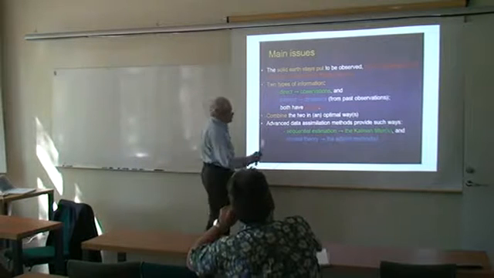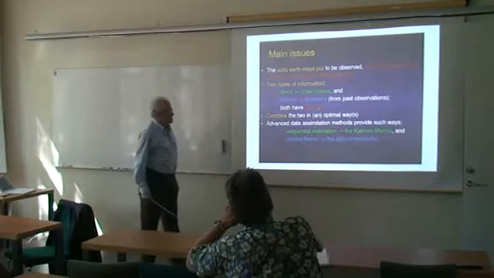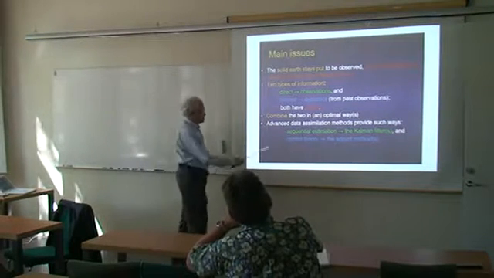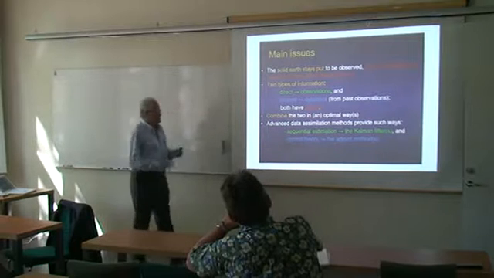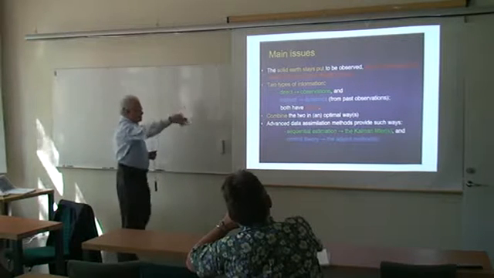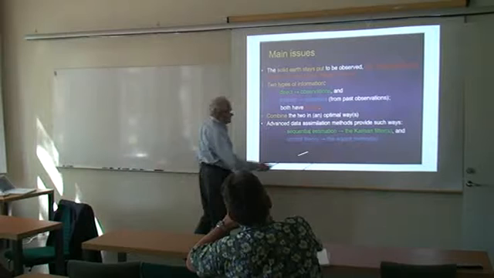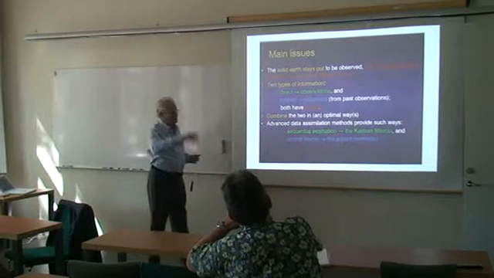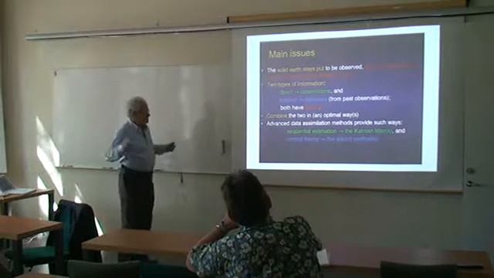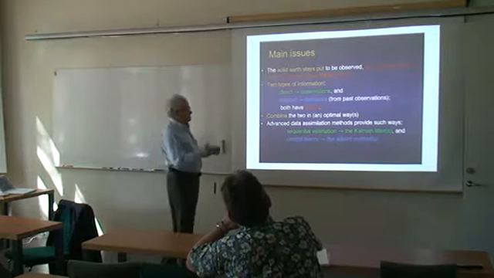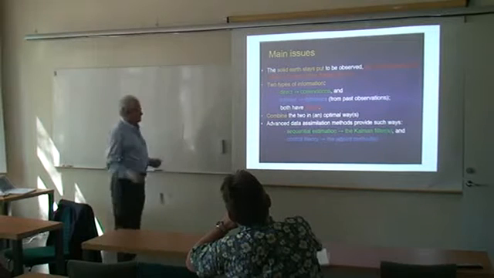So what I call advanced data assimilation methods provide such ways. One is essentially sequential estimation, the emphasis being that you update as you go along. This is the Kalman filters, various versions: extended, ensemble, unscented, whatnot.